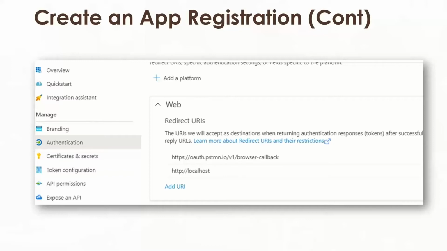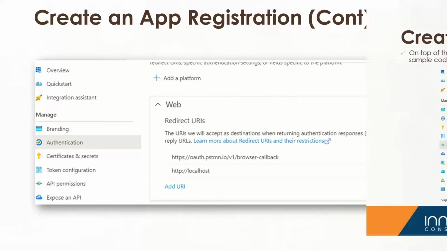At the end of it, you will want to add some redirect URIs, and I have the most important ones finished, pictured here, because I'll be using Postman Online, and I'll need that first redirect URI, and I'm using HTTP localhost for my console app, so I have those two listed here.